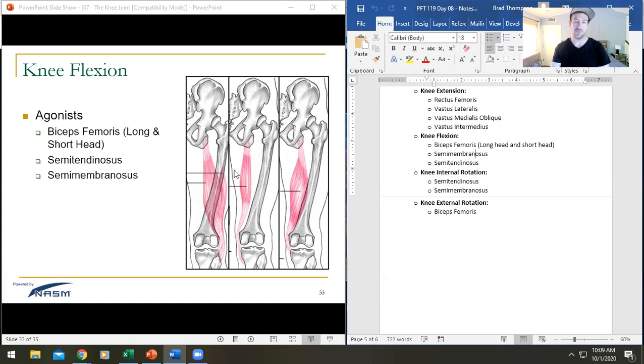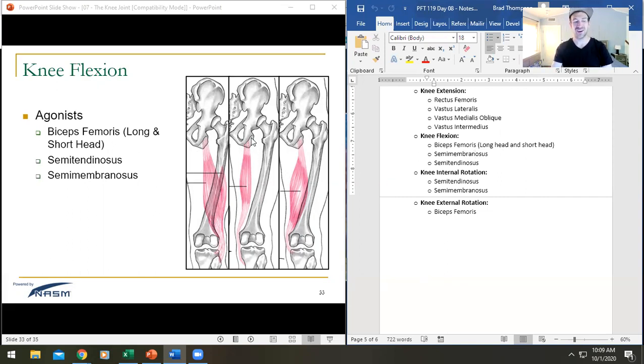So that's the biceps femoris long head, and that's the biceps femoris short head. The long head can assist in hip extension, but the short head can only do the knee flexion part. Whereas the long head can do knee flexion and hip extension. The short head can only do knee flexion. And then both of them do tibial external rotation, which is bad.